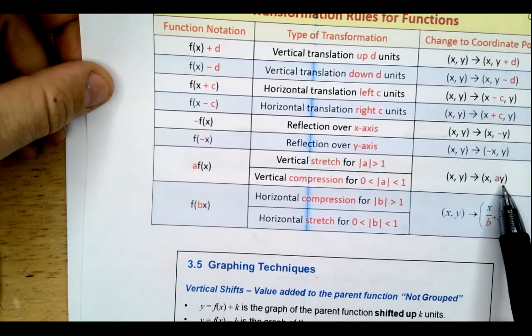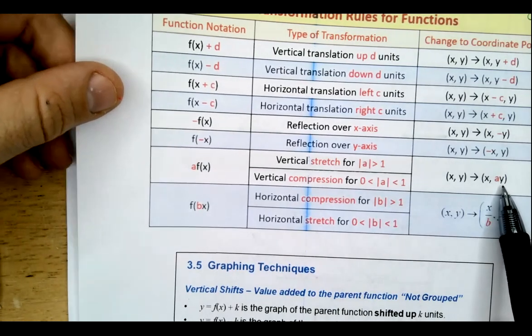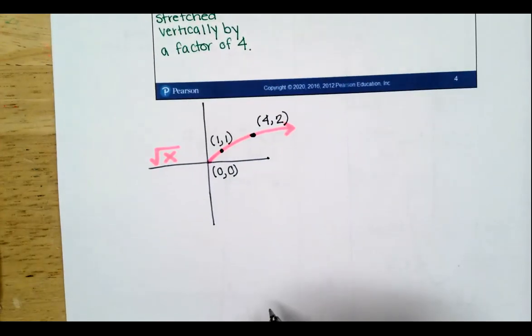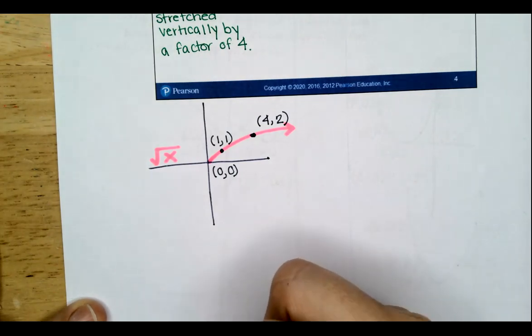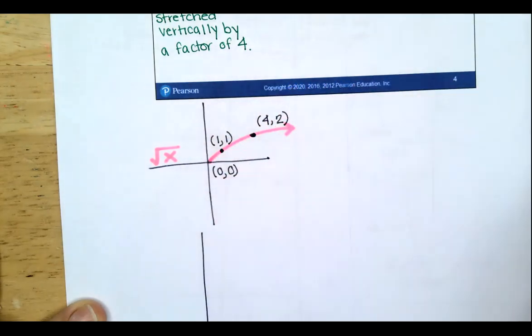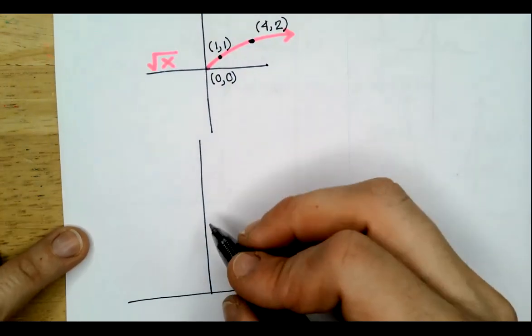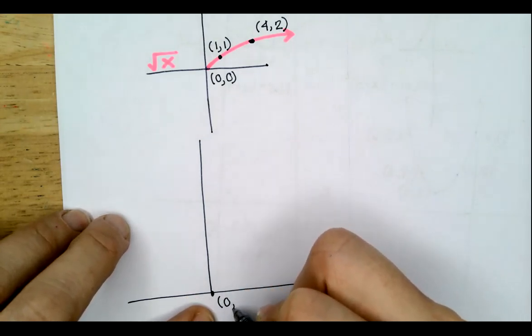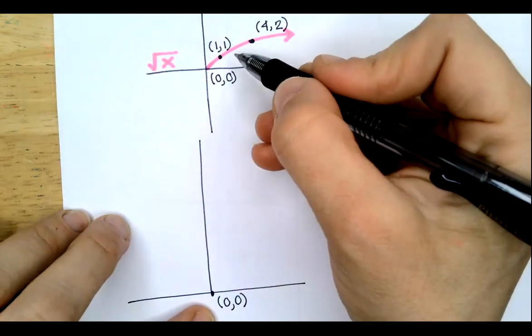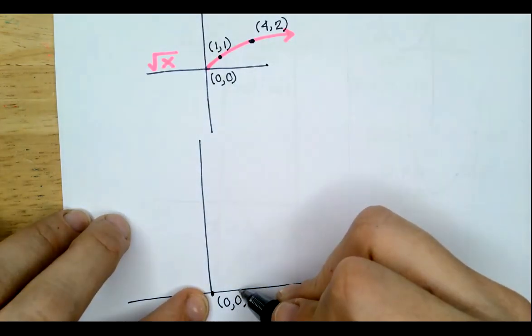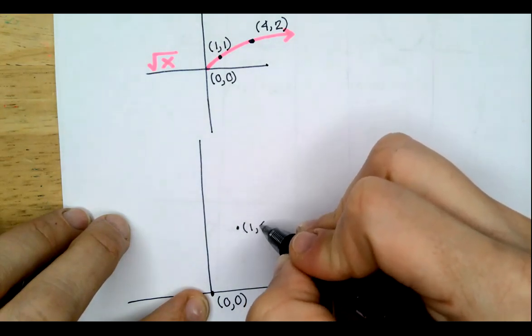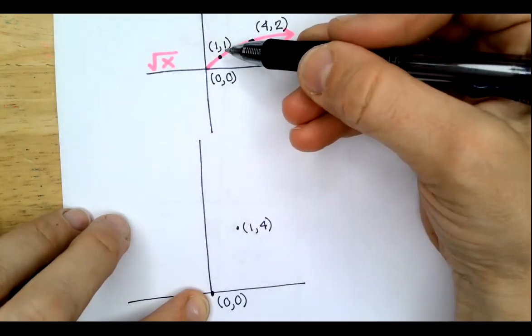means we're multiplying each y value by 4. Okay? So on this new graph, multiplying each y by a factor of 4, I don't think I need quadrant 3 or 4, I'm just going to use quadrant 1 and 2. 0, 0 is just going to remain 0, 0, because 0 times 4 is 0. 1, 1 is going to be 1 on the x-axis, but it's going to be 4 on the y-axis, because we're stretching it by a factor of 4.